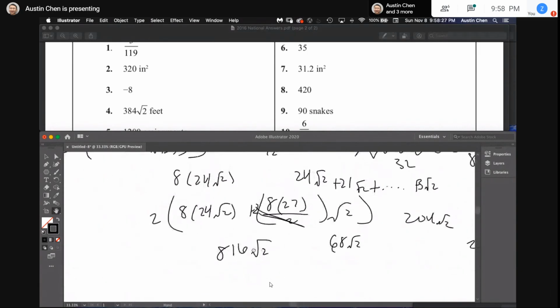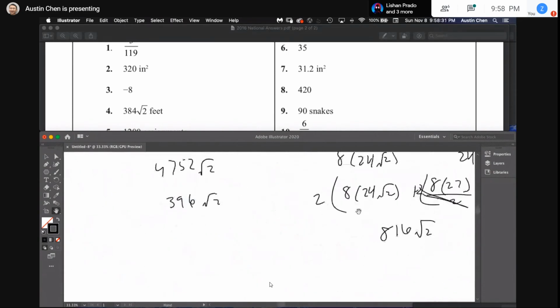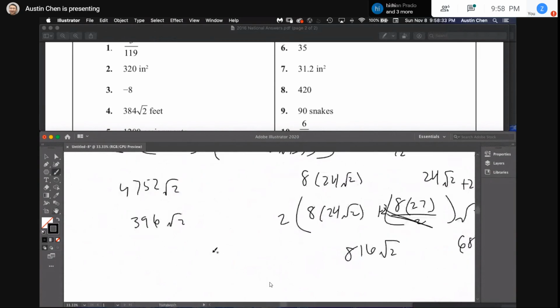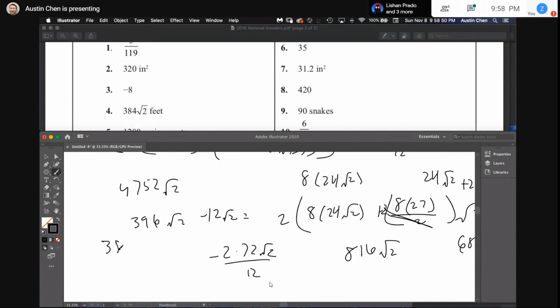So then we need to subtract 2 diagonals, right? So we're going to subtract 2 times 72 root 2 over 12. Oh, and then it's minus 12 root 2. And then yeah, you get 384 root 2.